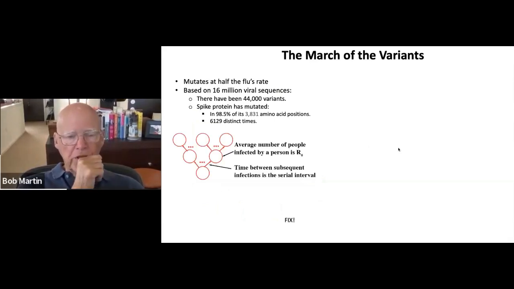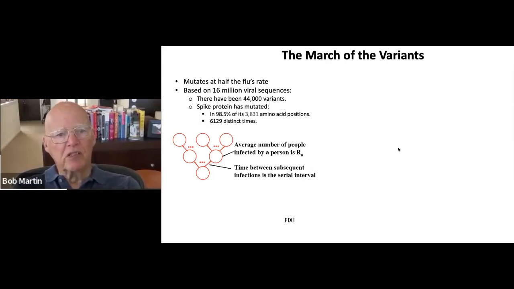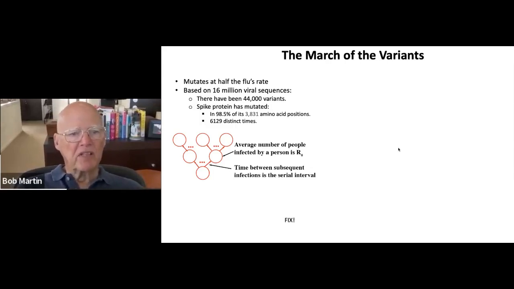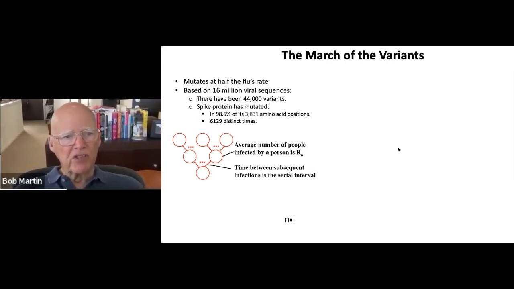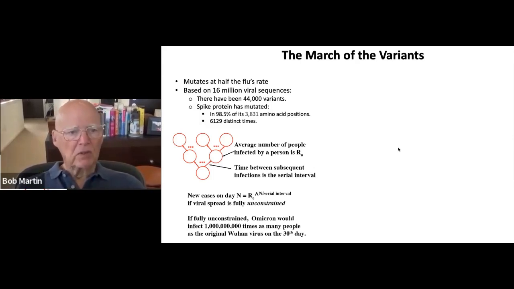The average number of people infected is called R naught, as I mentioned. The time between subsequent infections is called the serial interval. I get infected, how long is it before I can infect somebody else? That's the serial interval. And so the new cases on day N is R naught to the N divided by the serial interval.